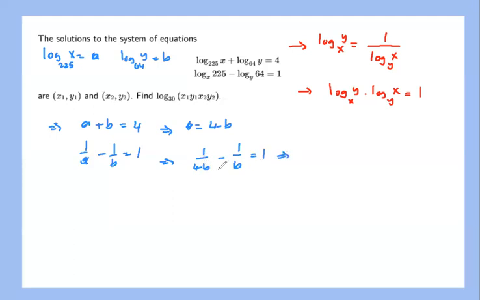Again, I can find the common denominator at this point, so I may multiply this by b, so that will be b over (4 minus b) times b, and then this is multiplied by 4 minus b, so you should get (4 minus b) over b times (4 minus b), and this is equal to 1.